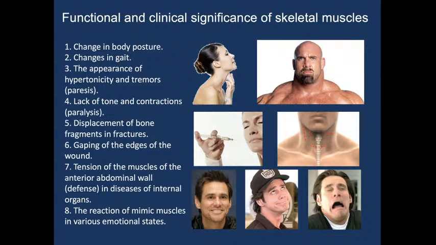Of course, we could notice the lack of tone or the lack of contractions. Doctors call it a paralysis form of disease. The muscles would displace our bone fragments when bones are damaged, when we have fractures, and they could also widen the gap between wound edges.